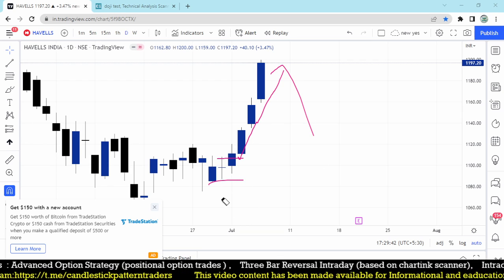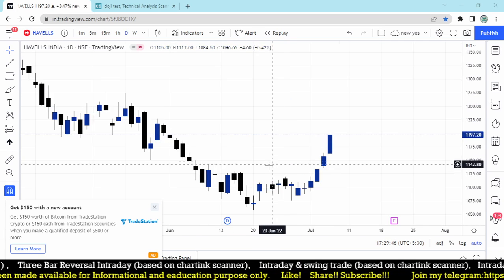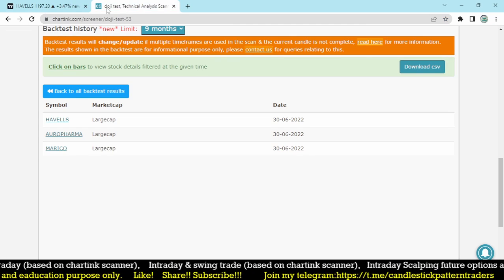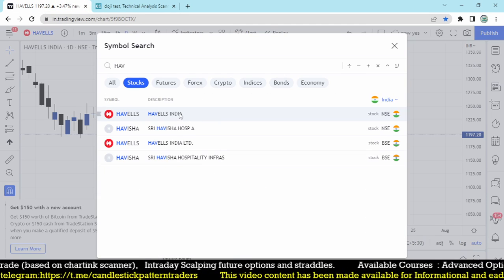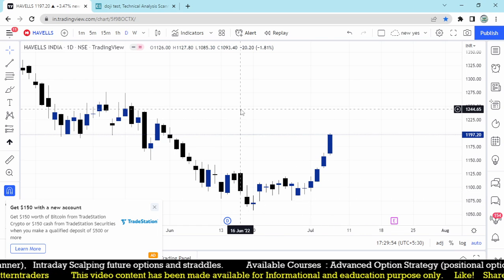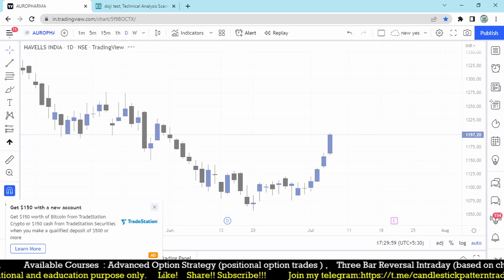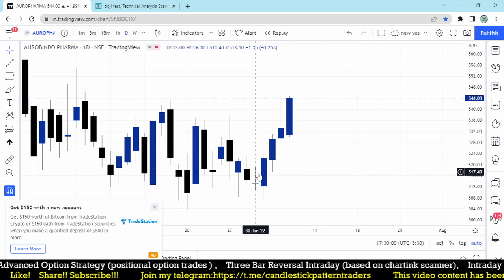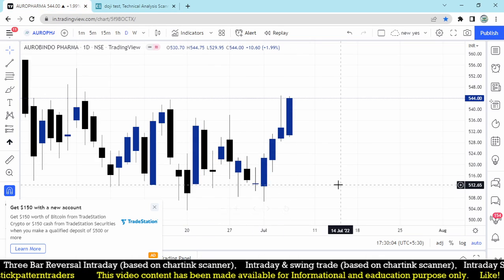That is what an option trade or a jackpot trade is, where we find it using the doji candle alone. Then Havells India, Aurobindo Pharma, that is also a doji. And then Marico.